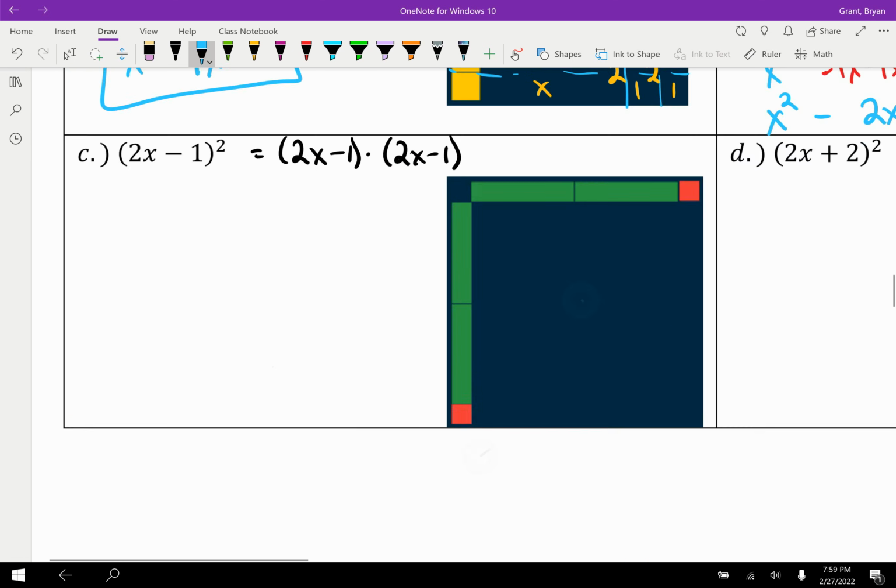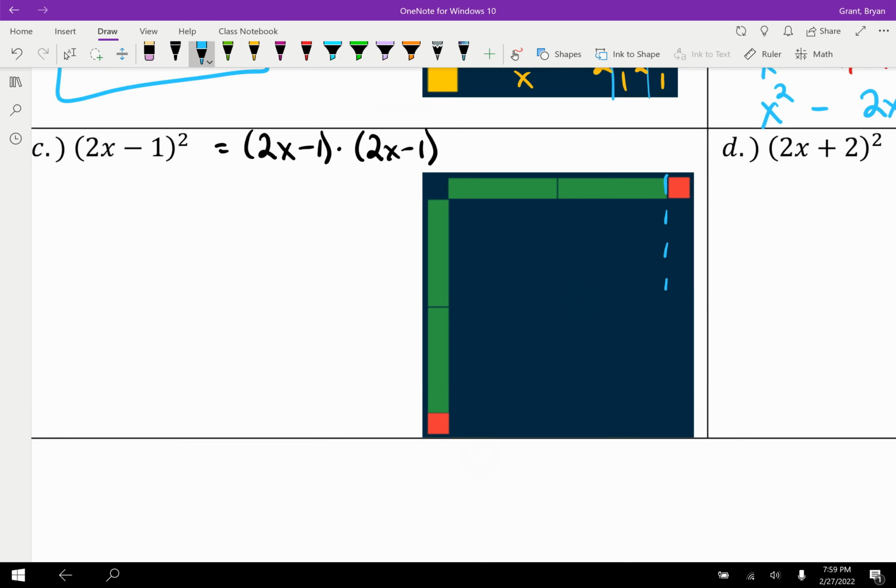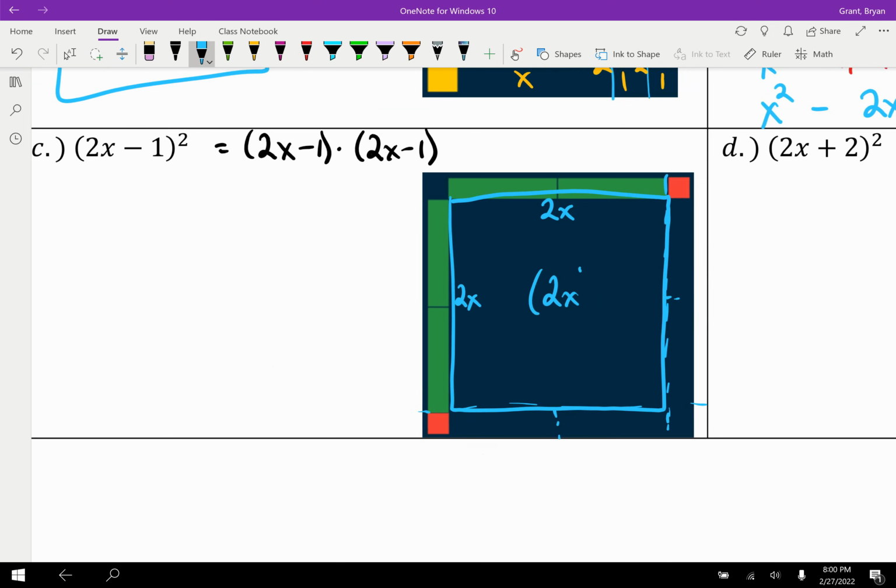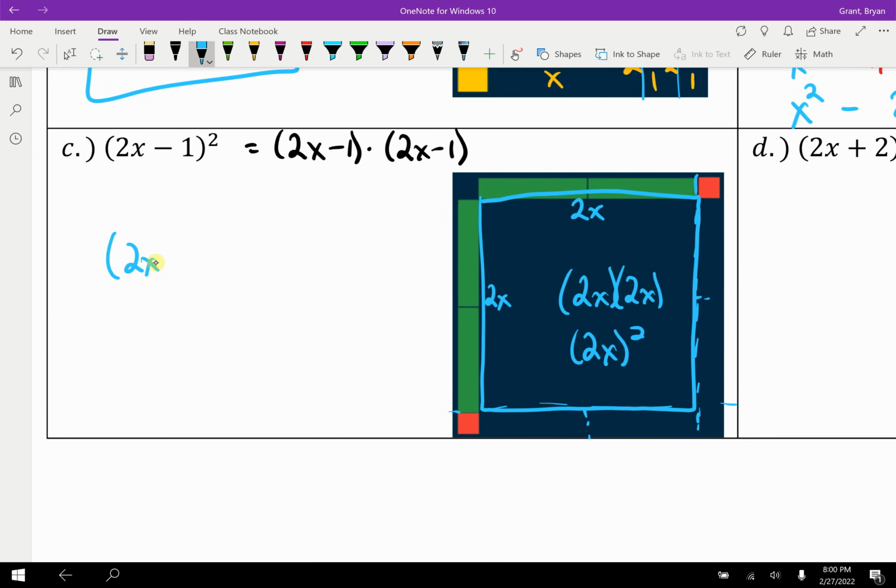Let's look at 2 more and see if this can become a little bit more clear. Okay, we're doing something like this here. We have this square to start us off. This square is created by doing 2x's times 2x's. So the inside of the square is 2x times 2x, or 2x squared. So we know that the inside will be 2x squared at the beginning, and also this guy at the end was that -1 squared.